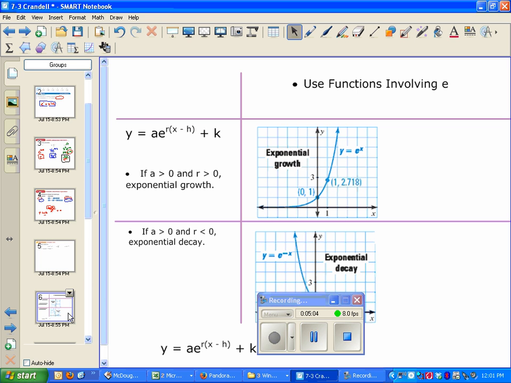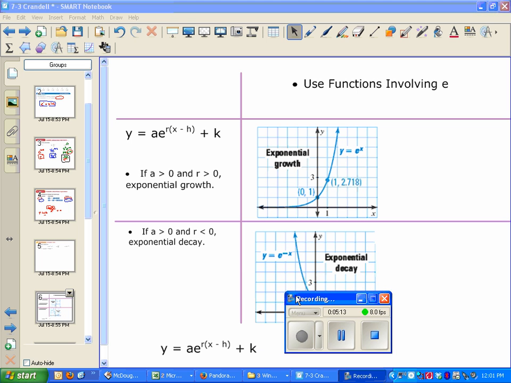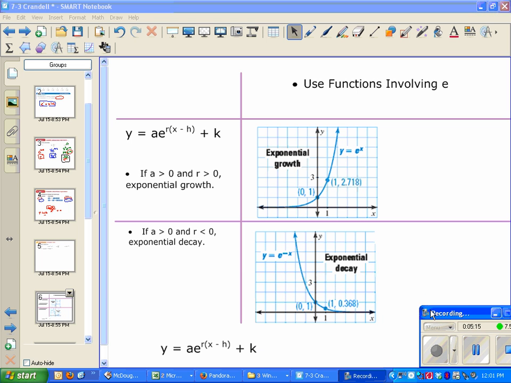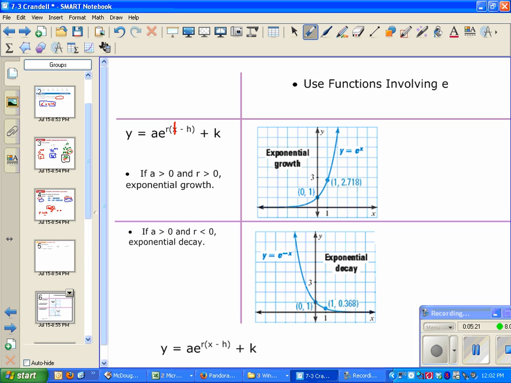This is what we're going to spend most of the time on, graphing these functions. The big idea is we have exponential growth and decay with the same thing. If r, the exponent, is positive, for example e to the positive 3x, that would be a growth function.